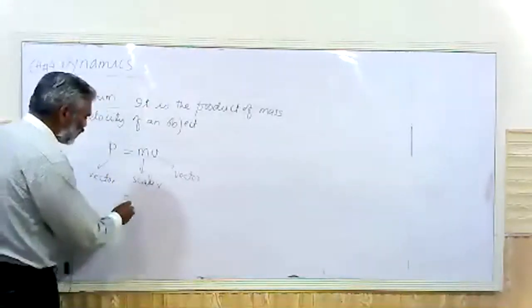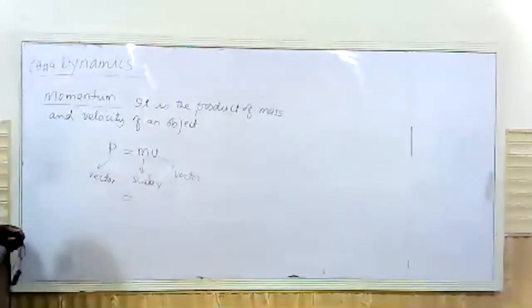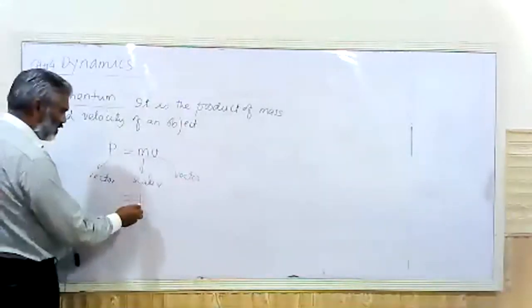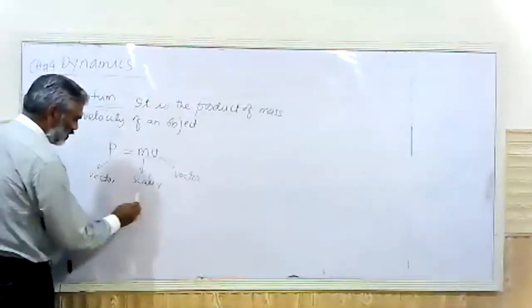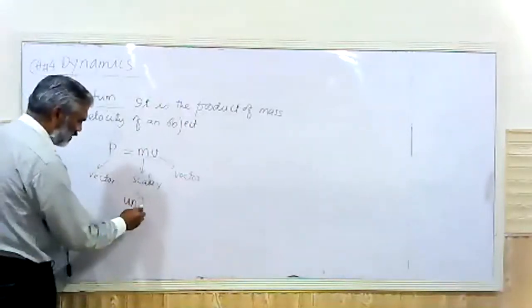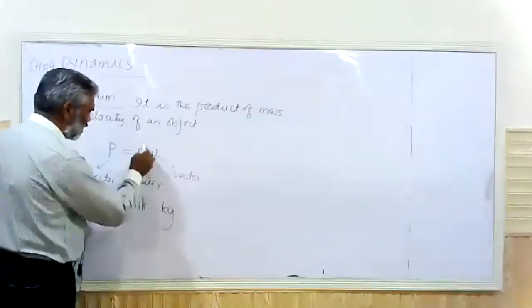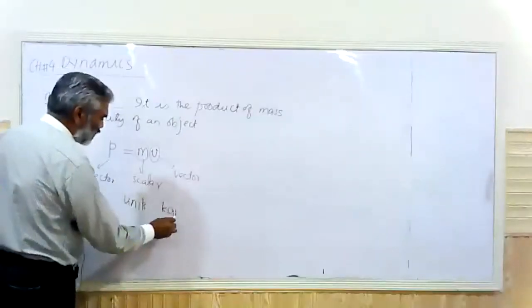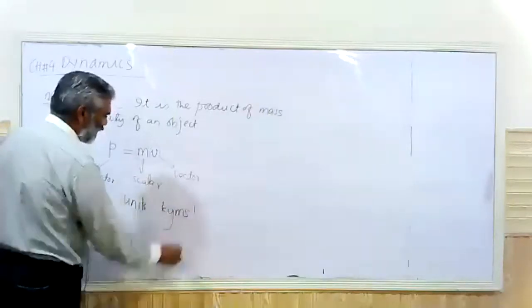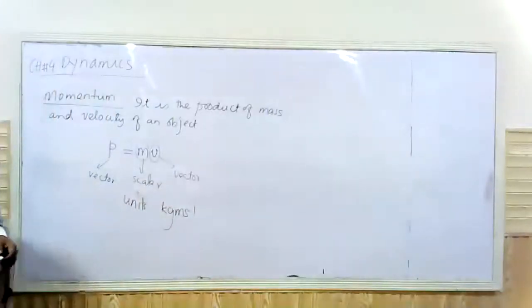What are the units of this quantity, momentum? We can clearly see the units of momentum are kilogram, because this is mass, and this is velocity, so meter per second. So kilogram meter per second.